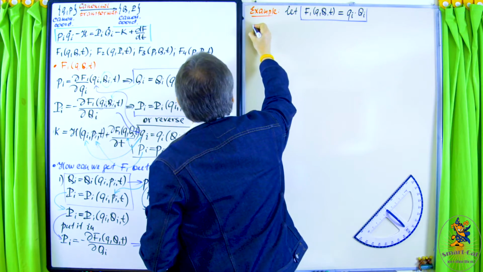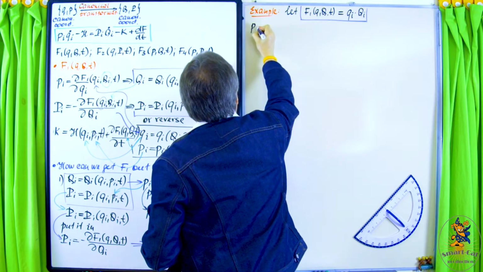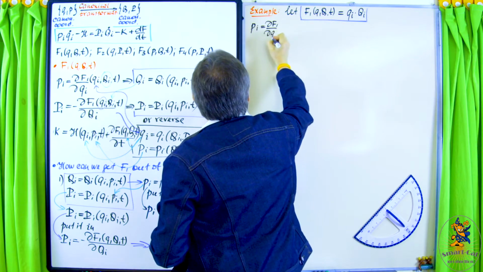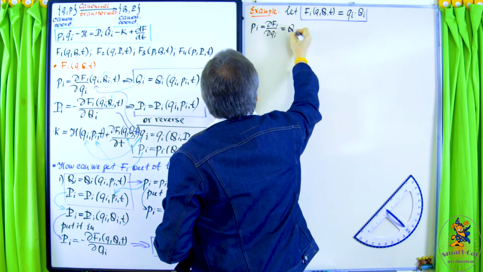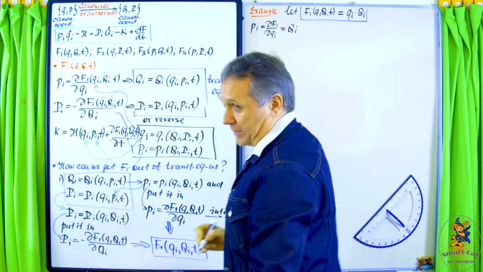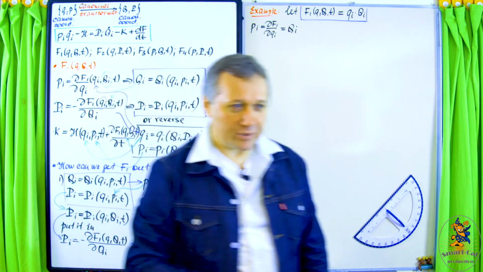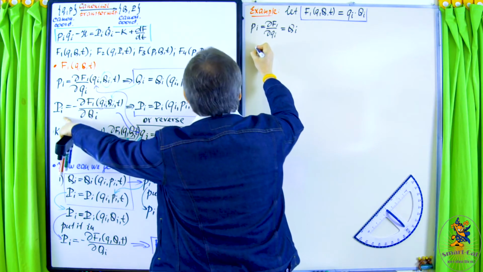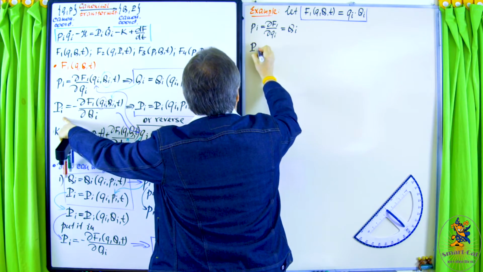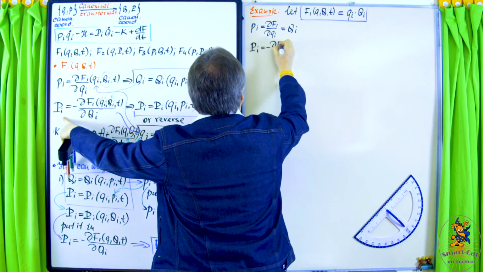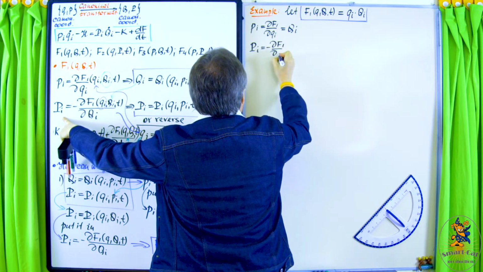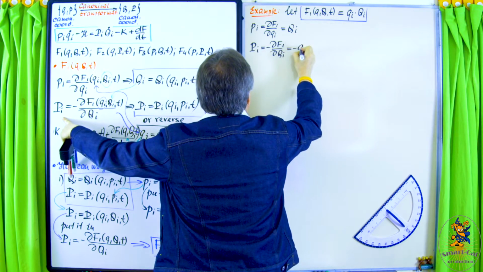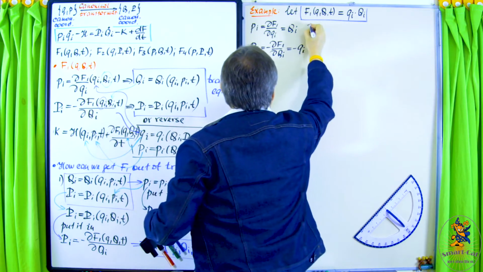So it will be p_i equals partial derivative of f1 with respect to q_i, and of course it will be equal to Q_i capital, which is immediately quite an interesting result. Now the second, P capital. P capital equals minus partial derivative of f1 with respect to Q_i capital, and of course it will be equal to negative q_i.